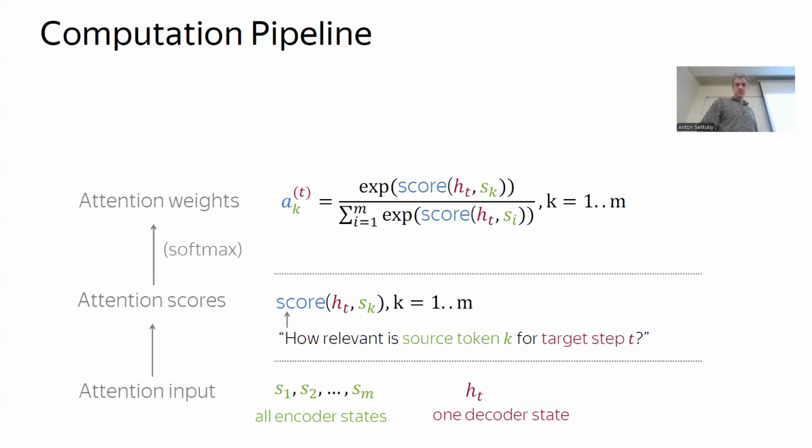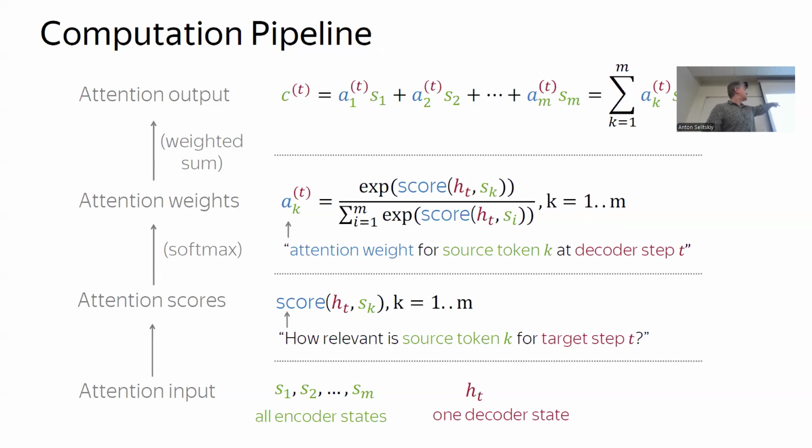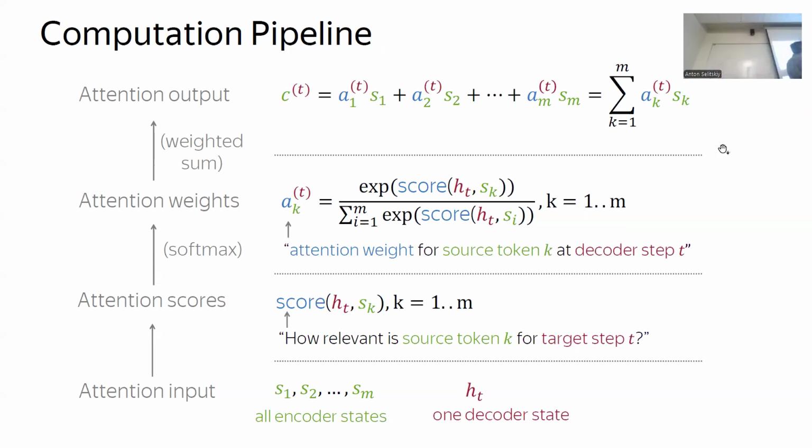After we calculate these scores, we apply softmax and we get probabilities instead. Then we sum up the embeddings with these probabilities. So the output from attention will be the weighted sum of the outputs from the encoder.